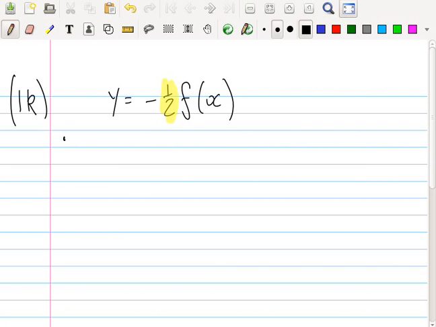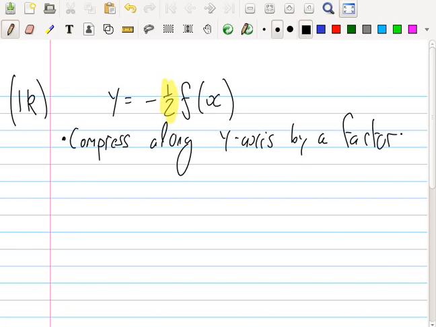So compress along the y-axis by a factor of 2.